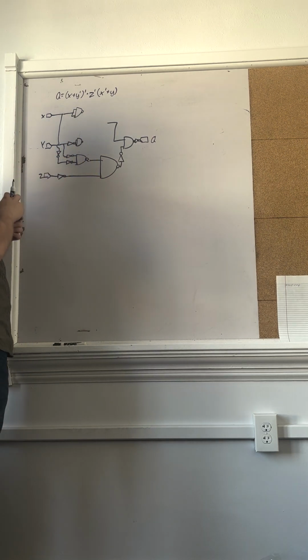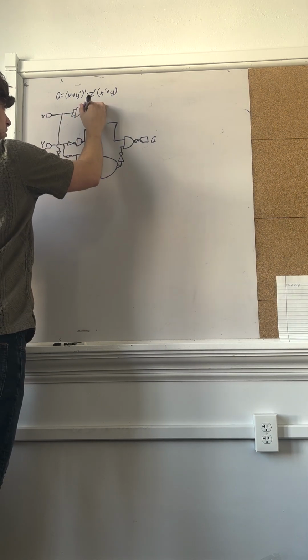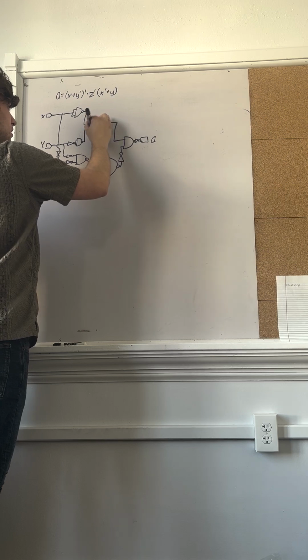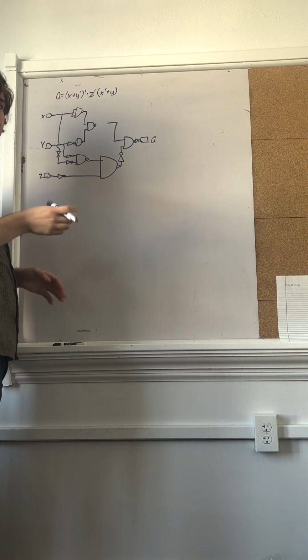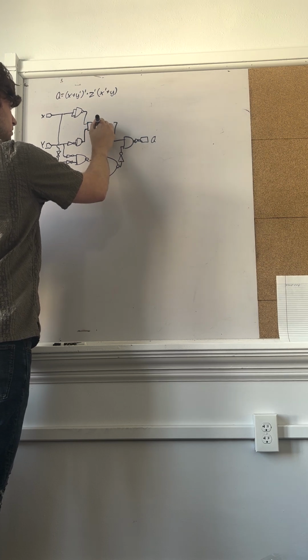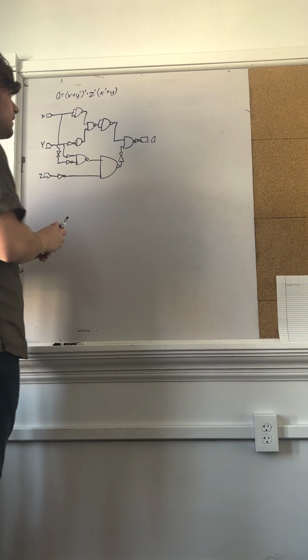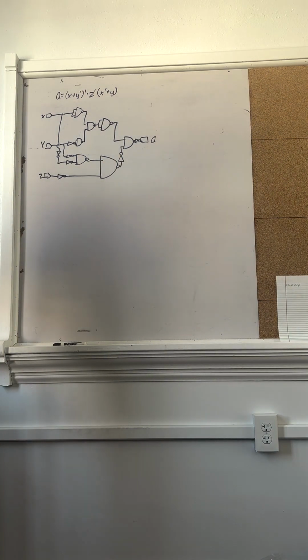And then, we're going to take both of these values, put them through a NAND gate together, and then one more time we're going to take this and put it through a NAND gate with itself, and that will convert all of it into only NAND gates.